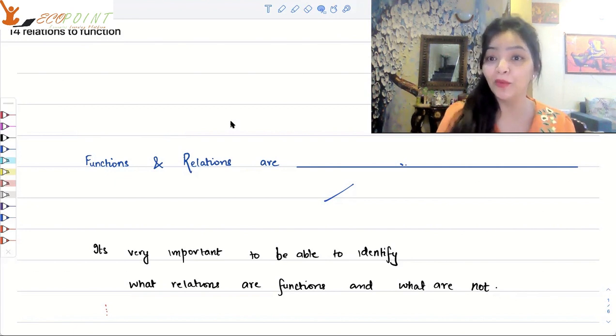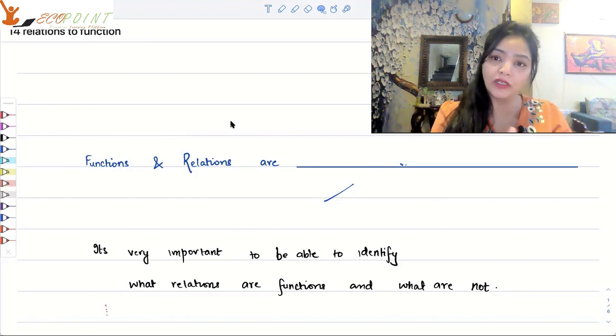Today, I am moving on from relations to functions. Relations and functions, they are the essence of mathematics. They are an extremely important part of algebra. Once you understand relations, you can actually talk about functions.